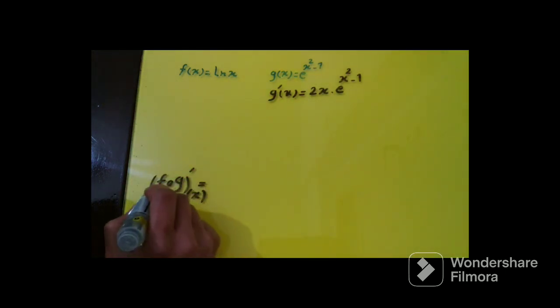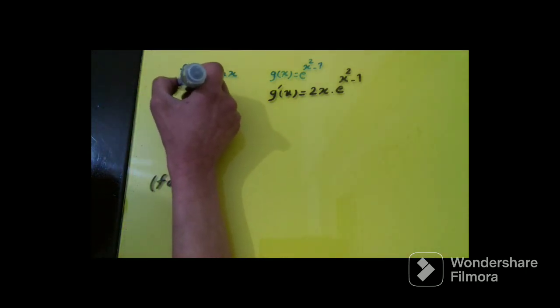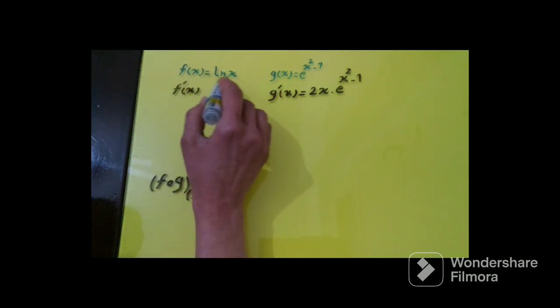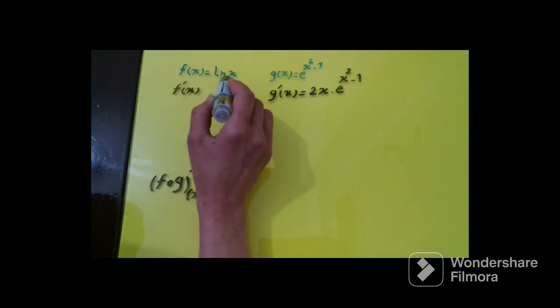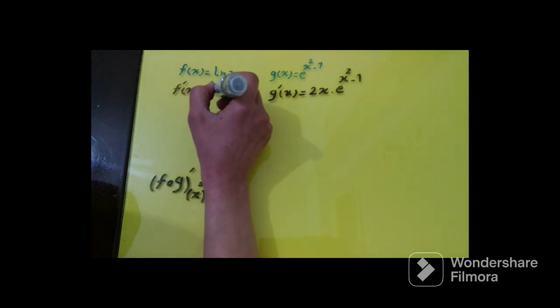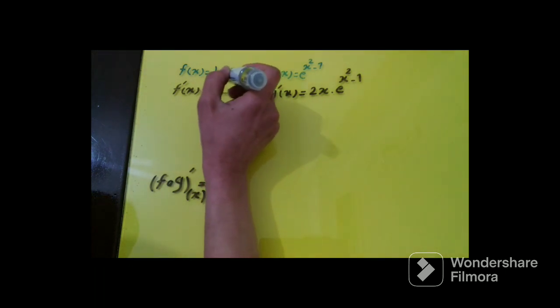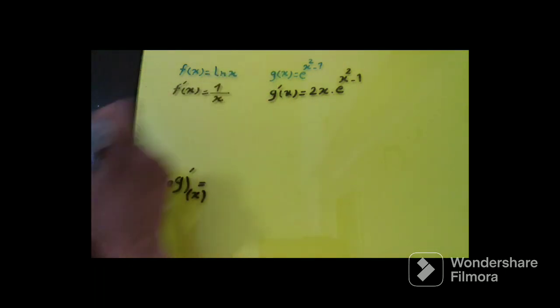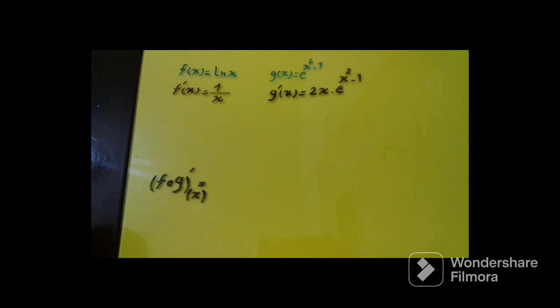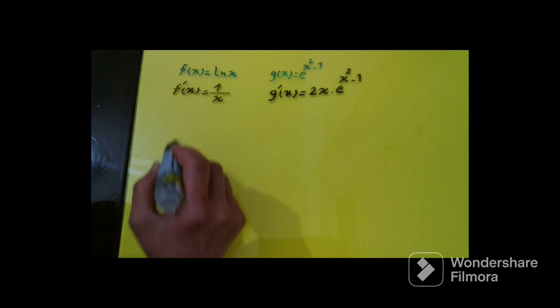Now you should get the derivative of the outside function. As we have ln here, according to the formula related to ln, first you should get the derivative of this term for up. It's 1 over, for down, you should repeat x. Now, according to the chain rule, you should replace g of x instead of x in f prime.